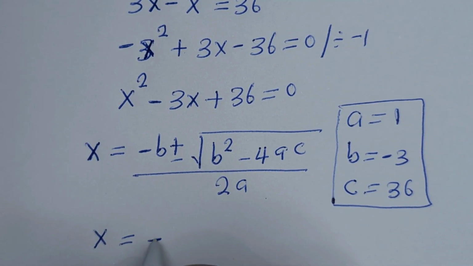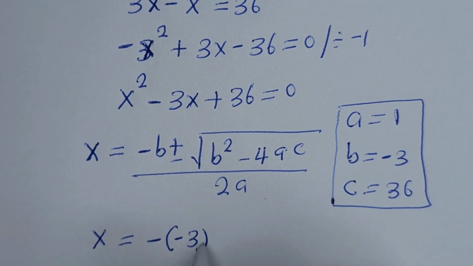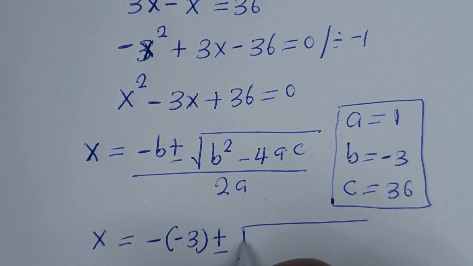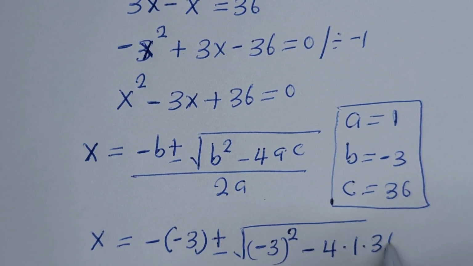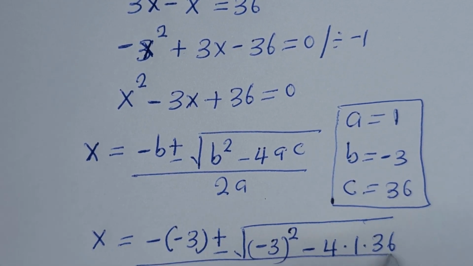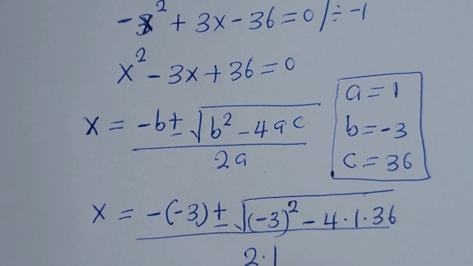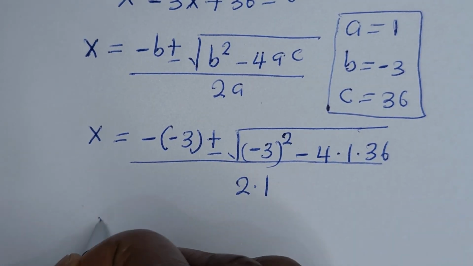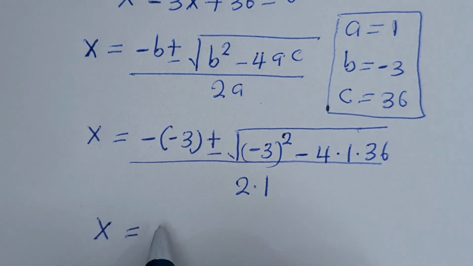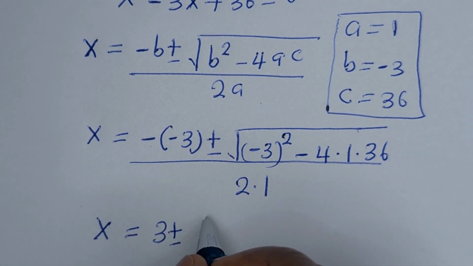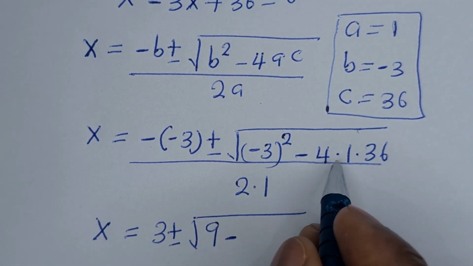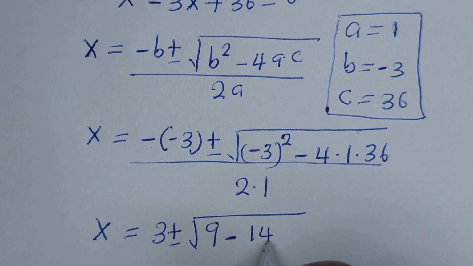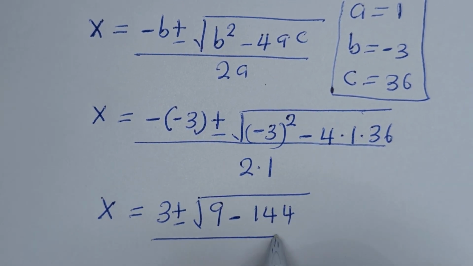x is equal to negative bracket -3 bracket plus or minus square root of -3 square minus 4 multiplied by 1 multiplied by 36, over 2 multiplied by 1. x is equal to negative times -3, this is 3, plus or minus square root of -3 square, 9, minus 4 multiplied by 1 multiplied by 36, that is 144, over 2.